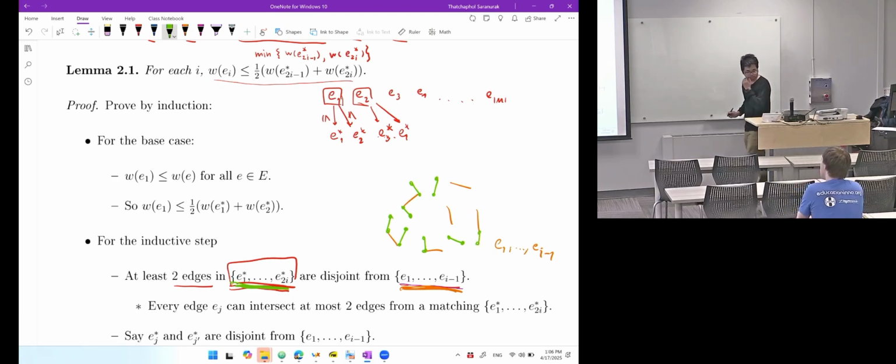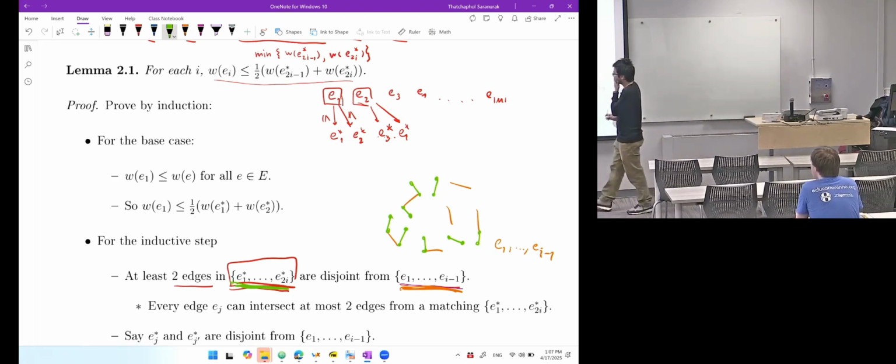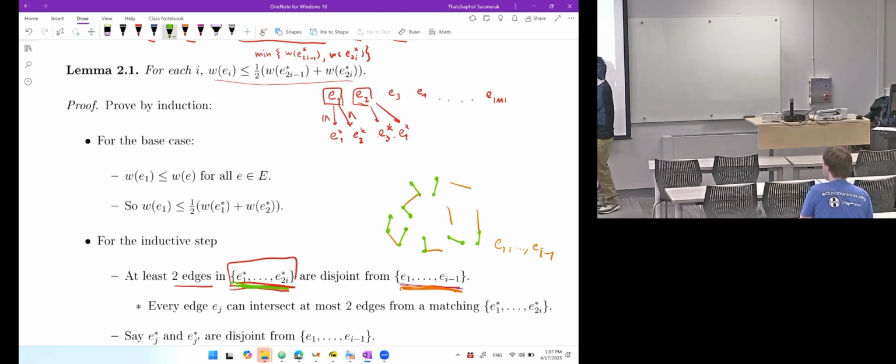Okay. So each of the orange edges can intersect at most two green edges, because the green edges form a matching.